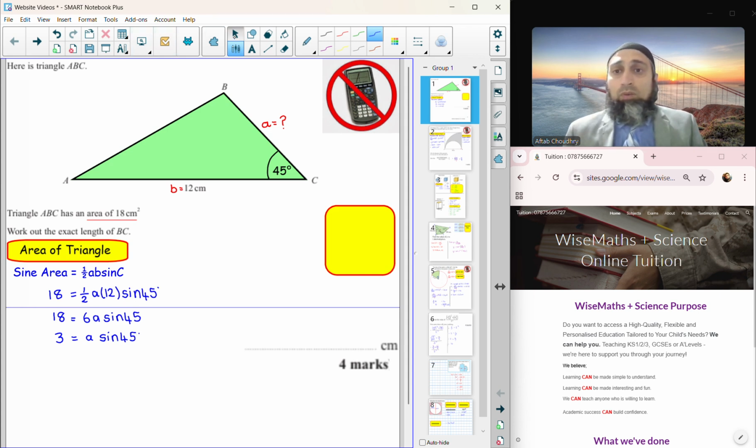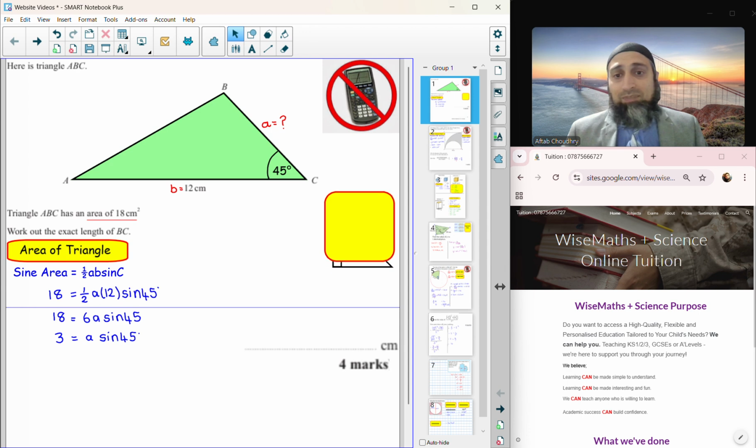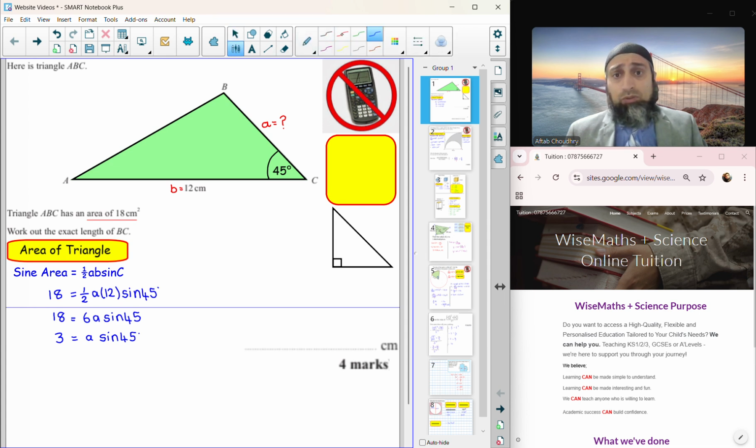I'm going to show you using this method over here. Here I have a right angle triangle. It's an isosceles triangle, so I know that this length is the same as this length. For our purposes I'm going to label this as a length of 1, and this is also going to be a length of 1. This is going to be the hypotenuse, let's call that h.